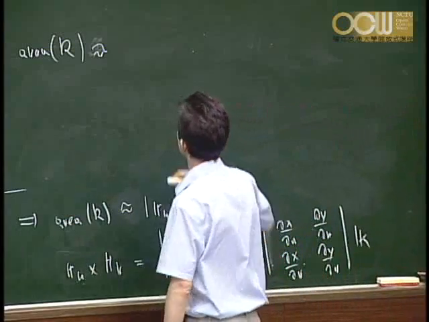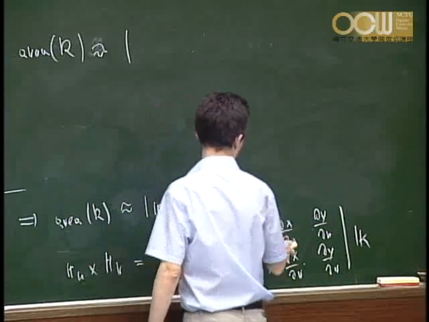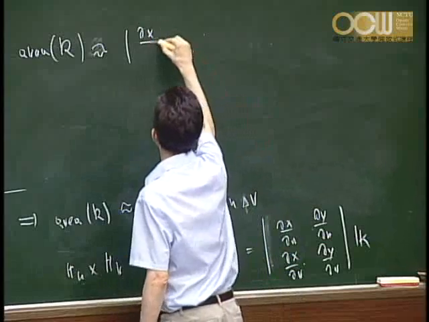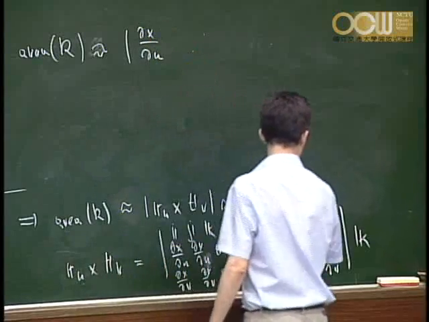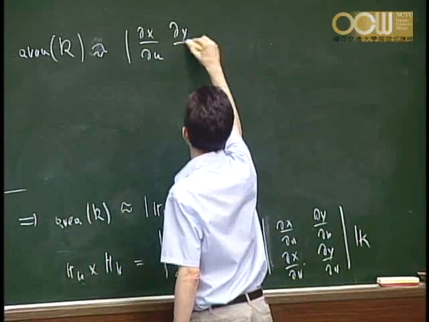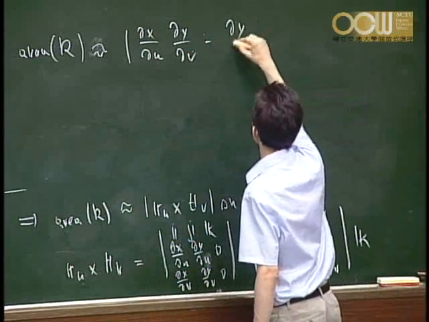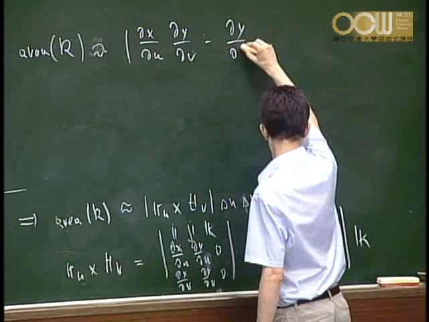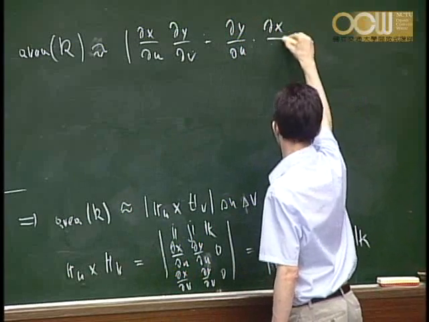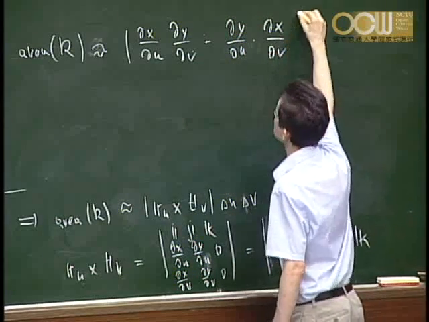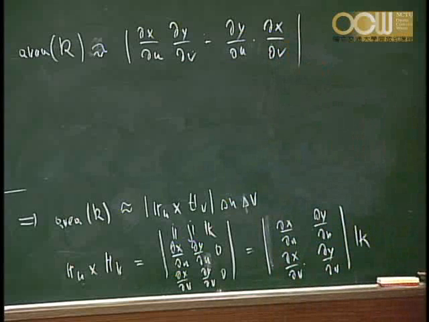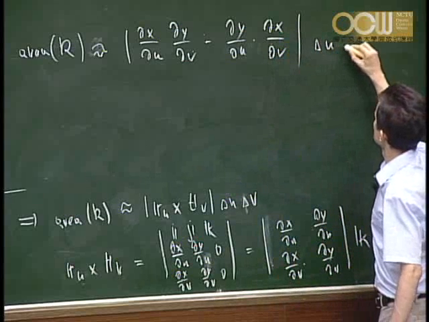So it's the absolute value of the partial derivative of x with respect to u times the partial derivative of y with respect to v minus the partial derivative of y with respect to u times the partial derivative of x with respect to v, and times delta u times delta v.